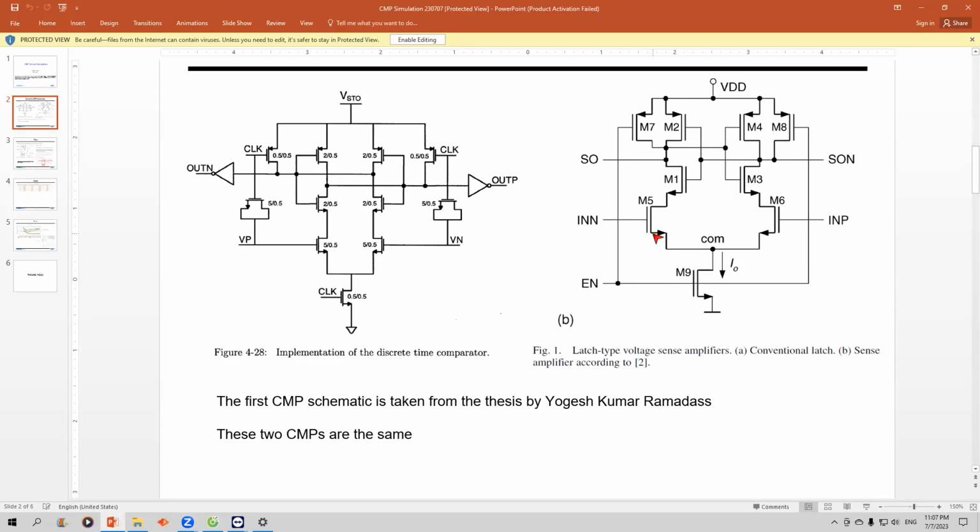If the input is larger than VDD, VGS is large.